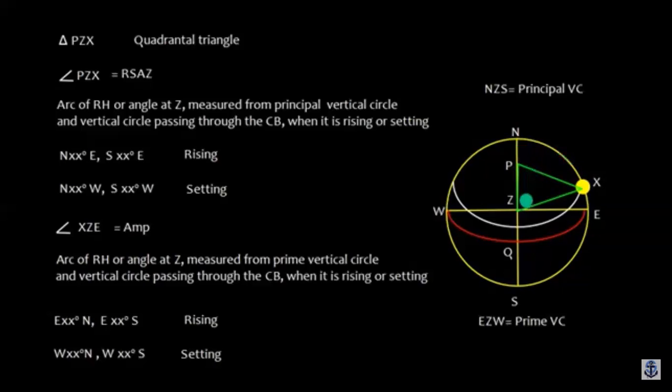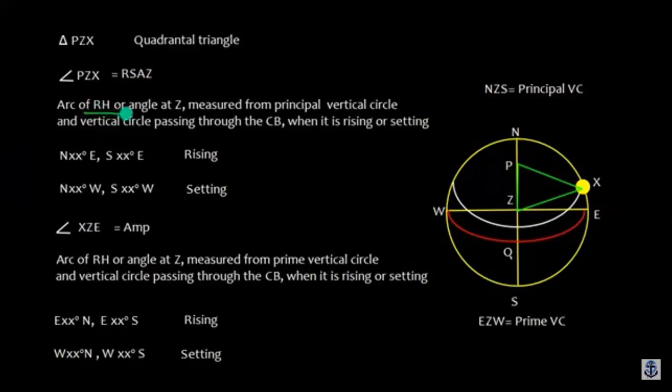In this spherical triangle, this angle PZX is the rising setting azimuth. So this is the azimuth of the sun, of the rising sun, because it's on the east. And NZ is your principal vertical, because the prime vertical or principal vertical is the vertical passing through the north and south celestial pole.